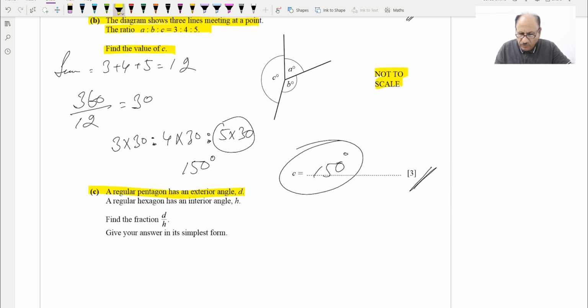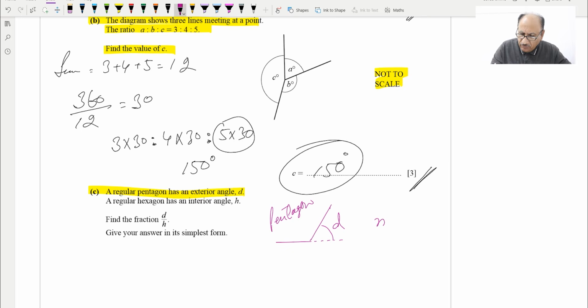So say, for example, this is a pentagon and the exterior angle they are telling us is d. In case of a pentagon, we can find the interior angle.